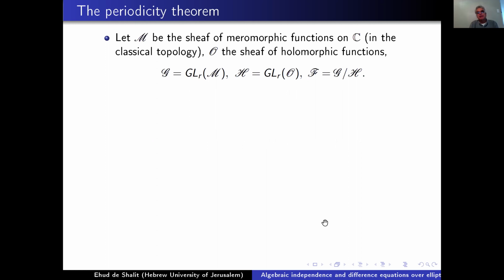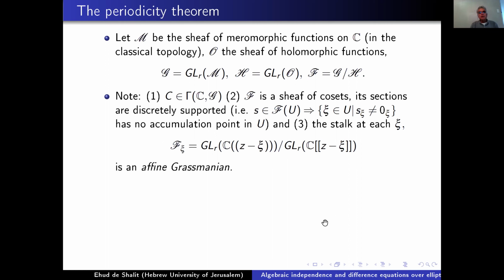H, similarly, the sheaf GL_r(O), and F the quotient sheaf G over H, which is a sheaf of cosets, nothing more. But, you know, cosets have a pointed set, a trivial coset. So what can we say about it?